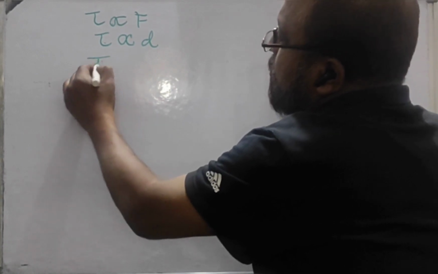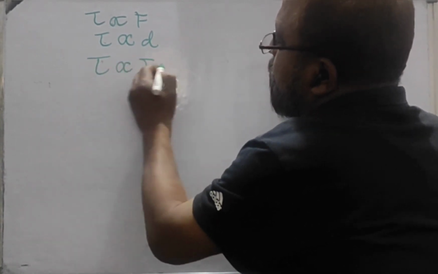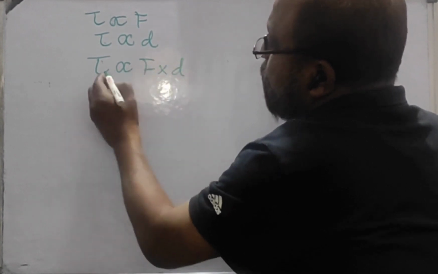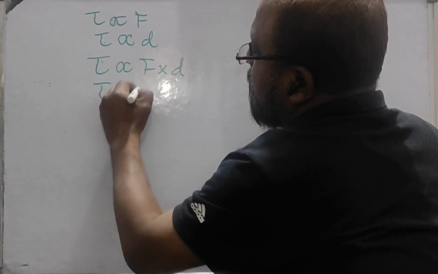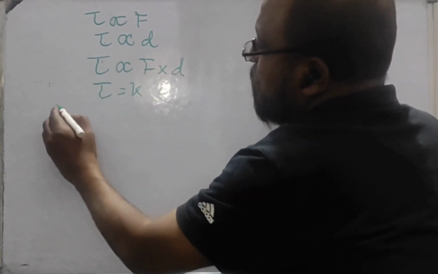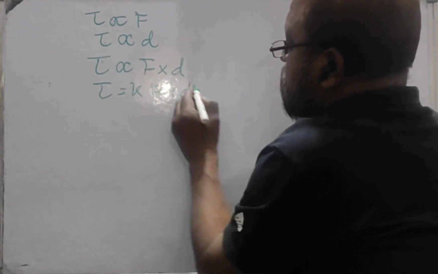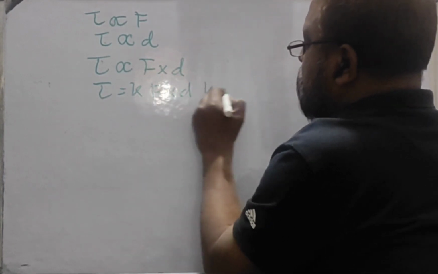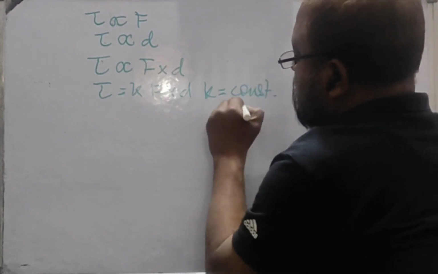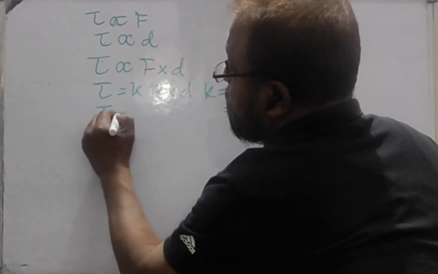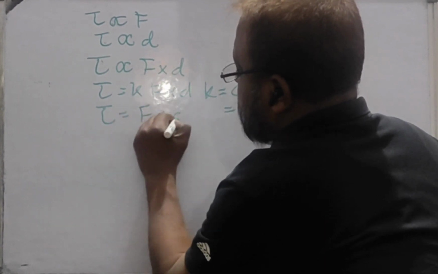So tau is directly proportional to F into D. If we take a constant k, its value is 1. So we can write tau is equal to F into D, right?